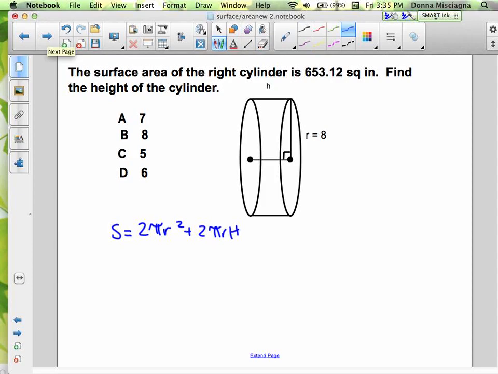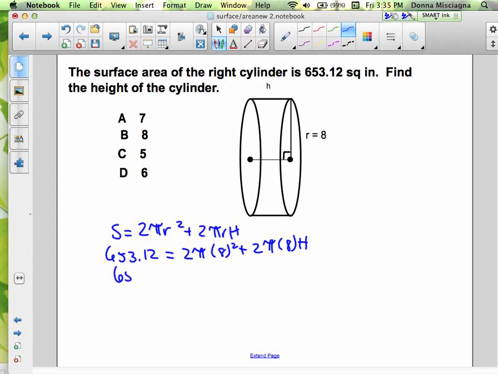All right, so S here is 653.12 equals, and we know 2 pi, we know the radius, that's 8 squared, plus 2 times pi times 8 times h. Now I'm going to wait to do any calculations with pi until the very end. I want to get everything in terms of just one pi, so I'm not dealing with a whole bunch of pi's and a whole bunch of decimals.